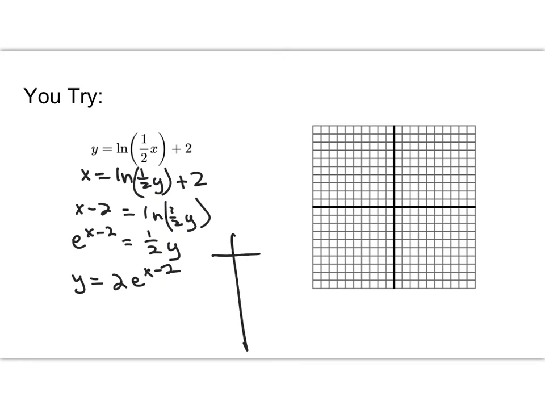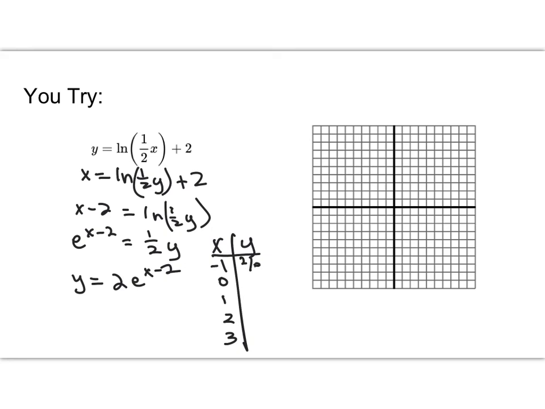Let's make a table of values. All right, and then I'm going to use the values -1, 0, 1, 2, and 3. If you can't figure out why I've done that, take a minute and figure it out. It's an important skill. So when I plug in a -1, I get 2 times e to the -3.